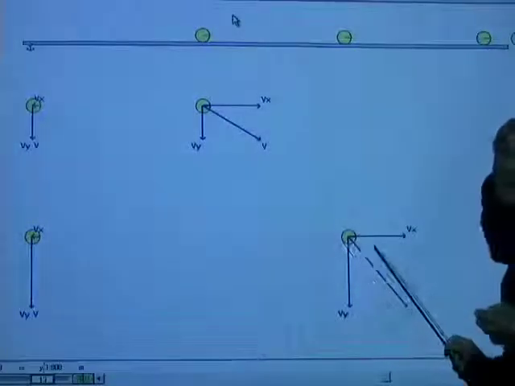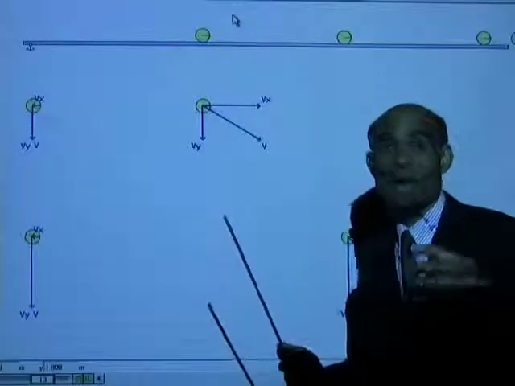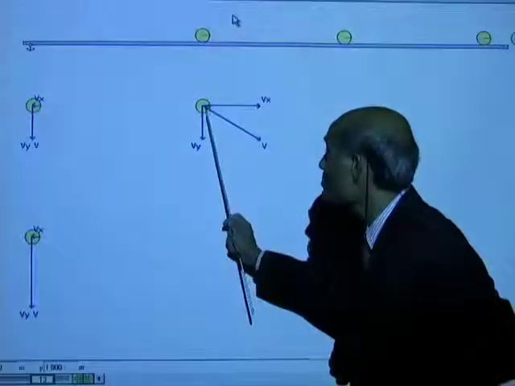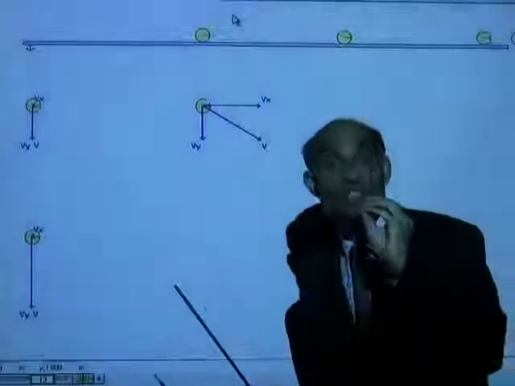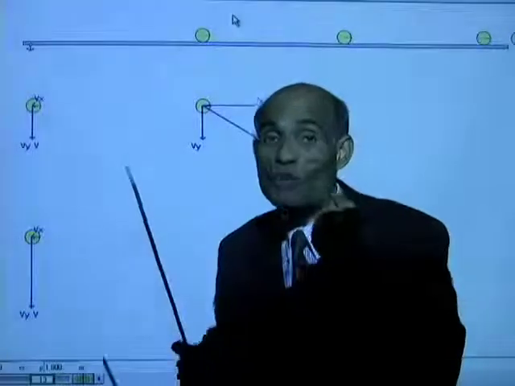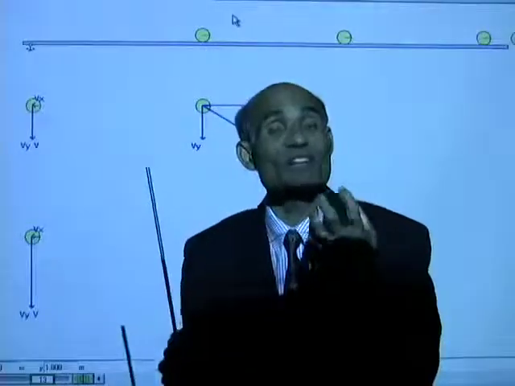Now tell me, the x velocity of this ball is vx. What happened to vx with time? As the ball keeps falling, what is happening to the x velocity? The x velocity is not changing. Why is it not changing? Because there is nothing pulling or pushing in the x direction.